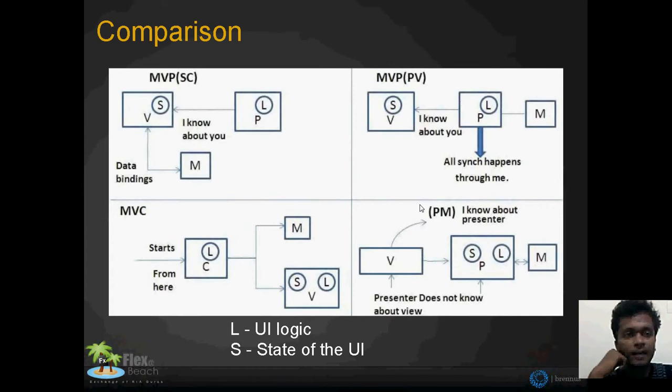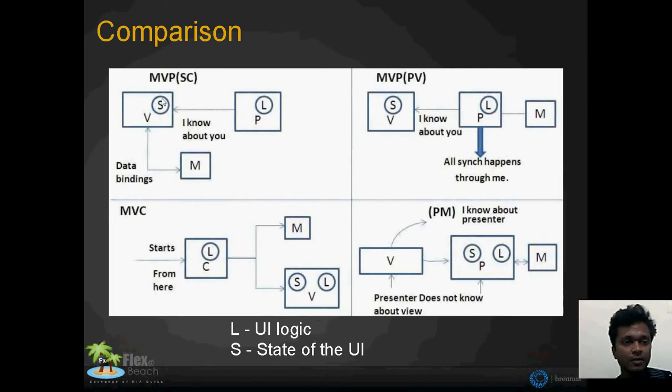So let us compare all four views. Here we have the supervising controller, passive view, presentation model and MVC. L refers to the UI logic, and S refers to the state of the UI.